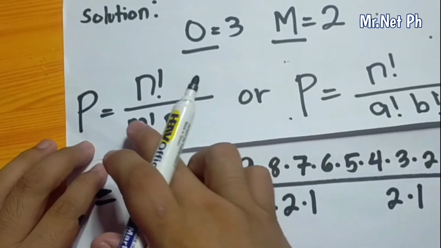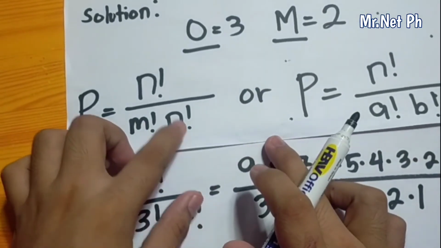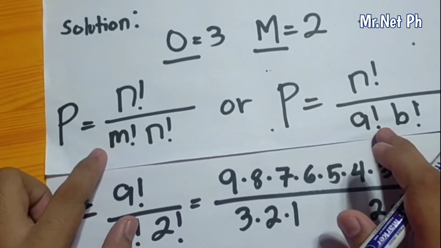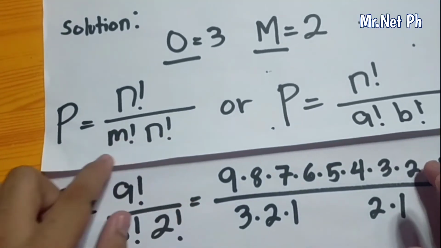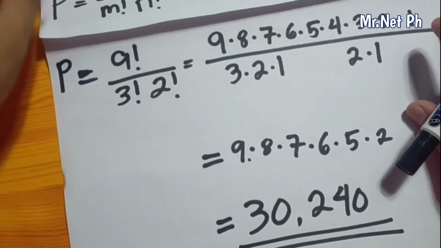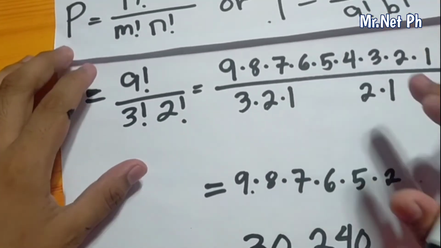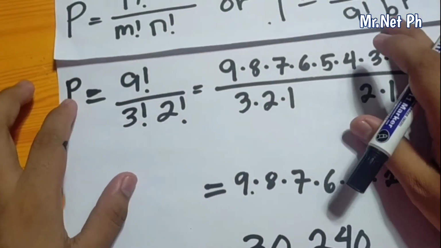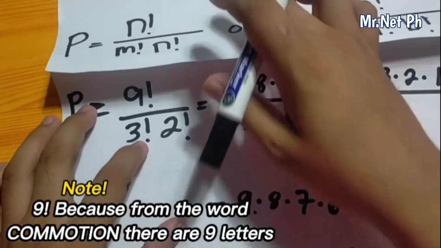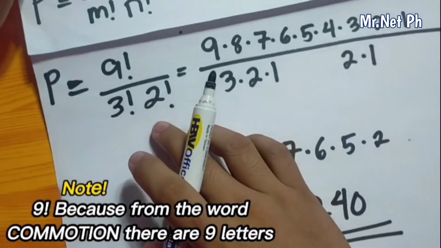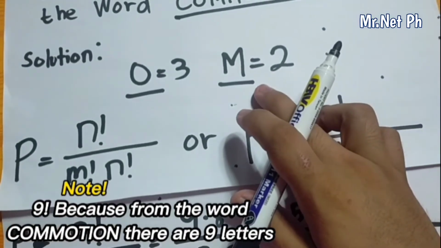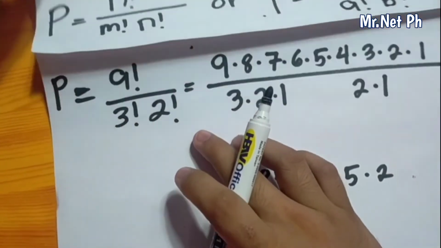Pwede natin tong gamitin para hindi kayo malito kasi same letter siya. So, gawin nyong ibahin A factorial or B factorial. Kahit naman anong letter ilagay nyo dyan pwede. So, i-substitute natin, P is equal to 9 factorial, O is equal to 3, so 3 factorial, and 2 factorial kasi yung M is 2, so 2 factorial.